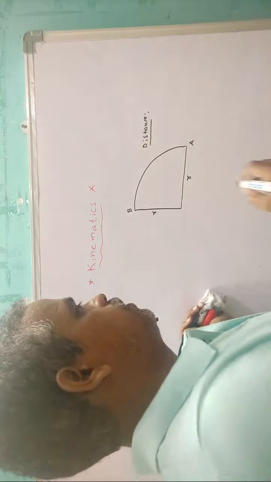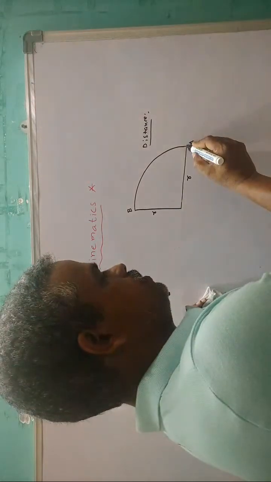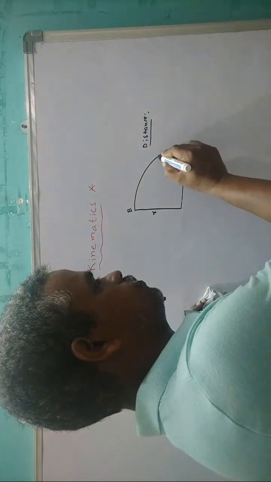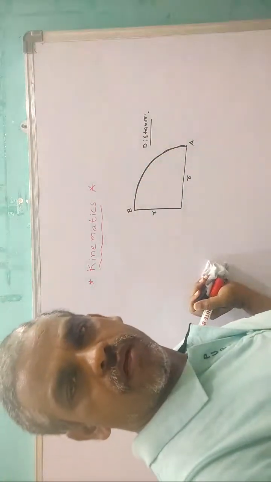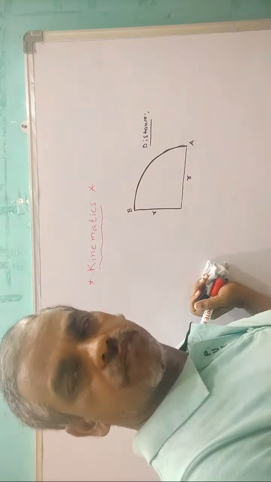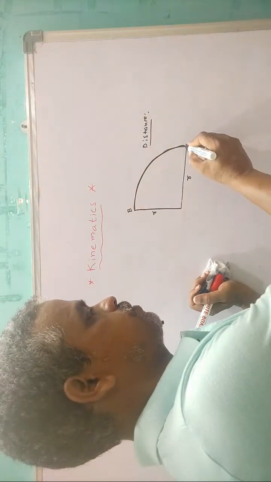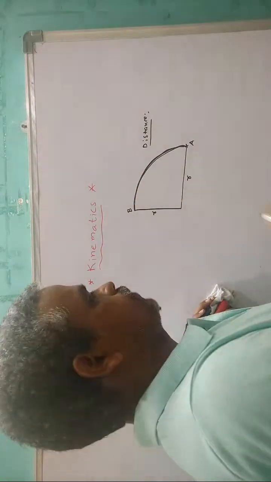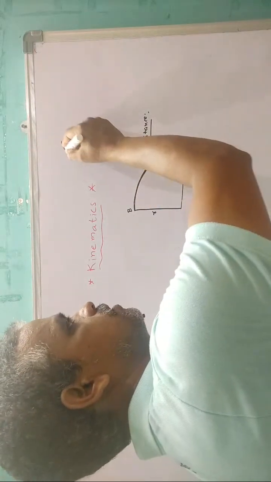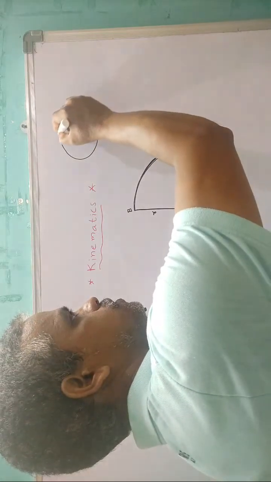Okay. Now this boy or particle starts from A and reaches B. This is the quarter circle, part of the full circle.